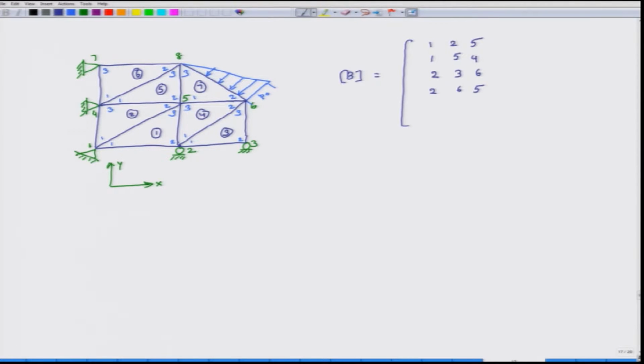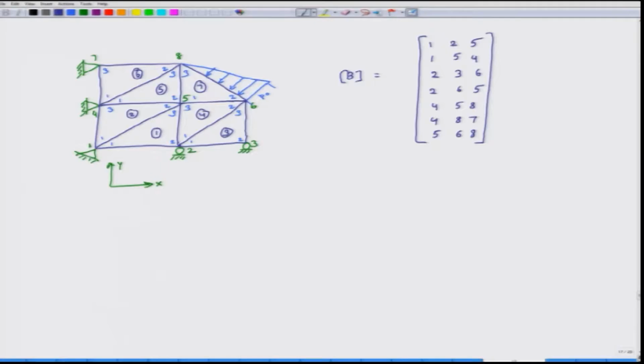Fifth element 4, 5, 8. Sixth element is 4, 8, 7, and seventh element 5, 6, 8. So, this matrix will help us do the assembly.